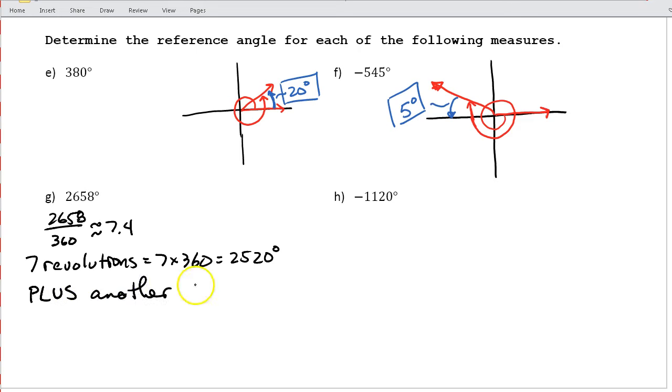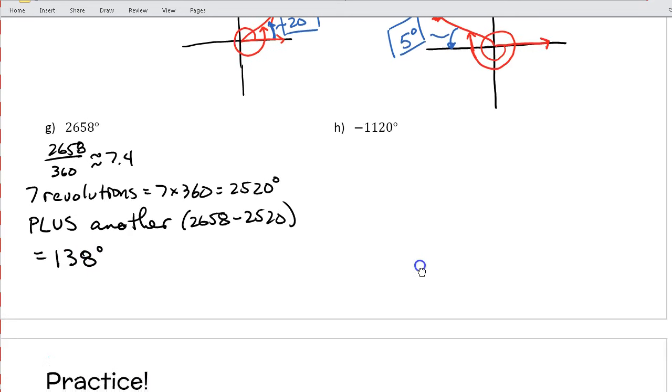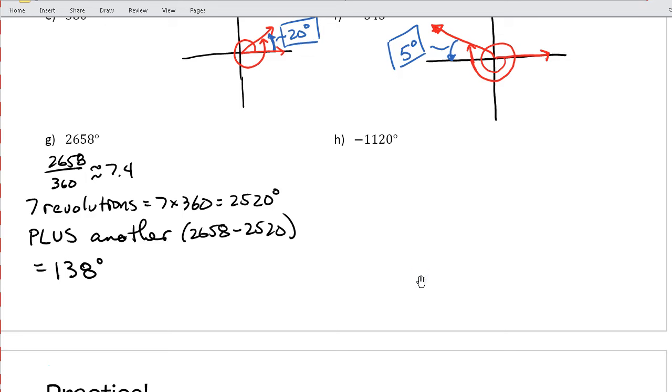And then I need to go another amount, so I have to subtract those. 2658 minus 2520. That means I'm going to have to go another 138 degrees. So I figured out how many 360s were in there and took those out.